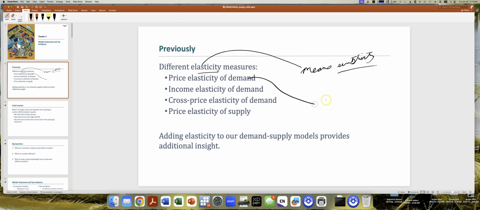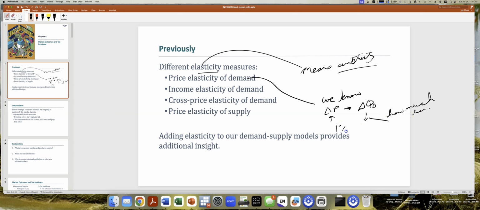For the price elasticity of demand, we already know that changing the price leads to a change in the quantity demanded. Specifically, if the price goes up, people buy less. But what elasticity tells us is how much less they actually buy.